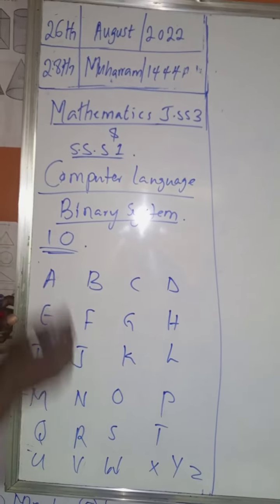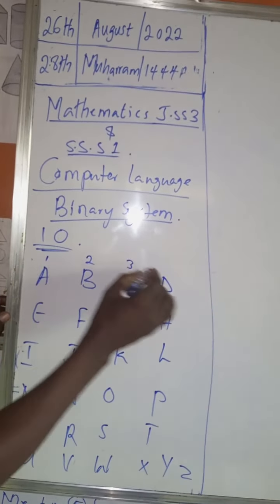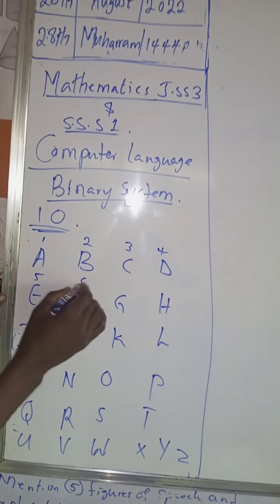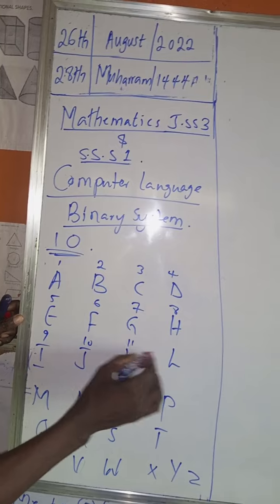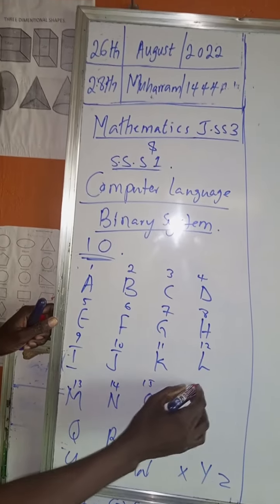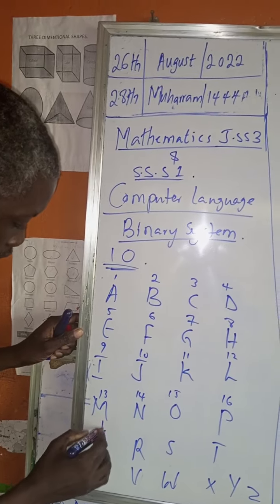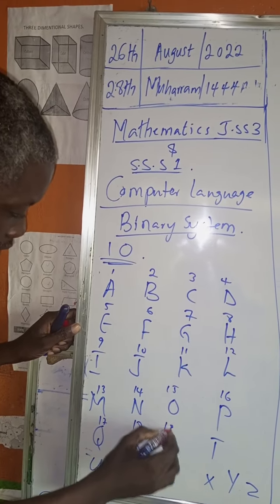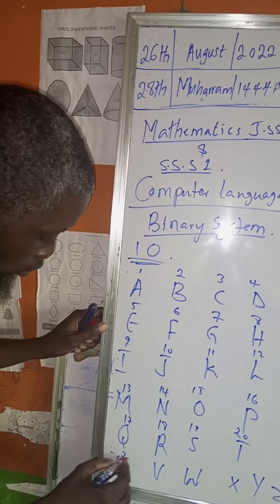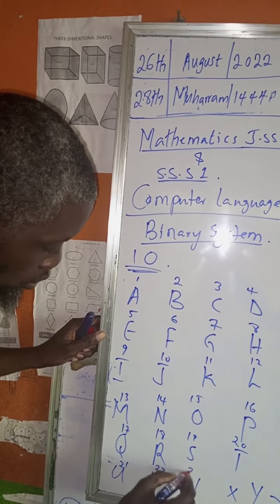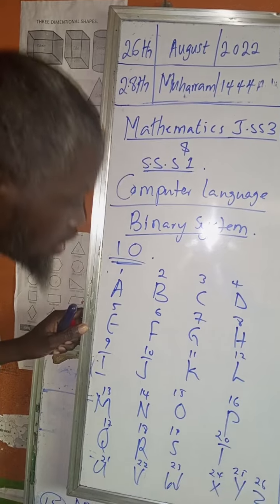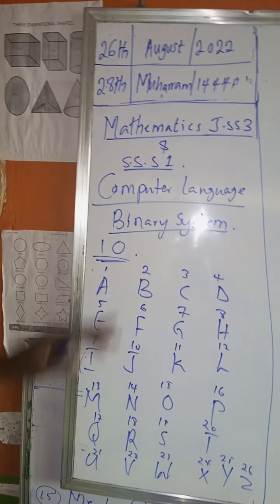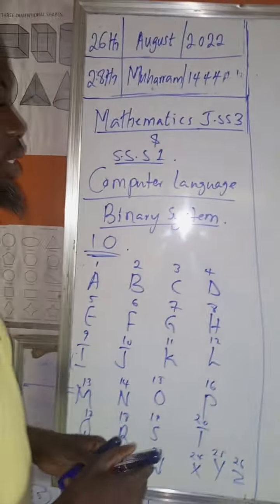We have 26 alphabets, that's 1, 2, 3, up to 26.